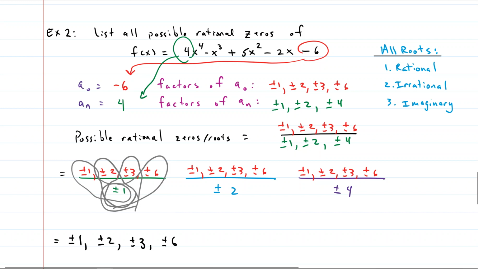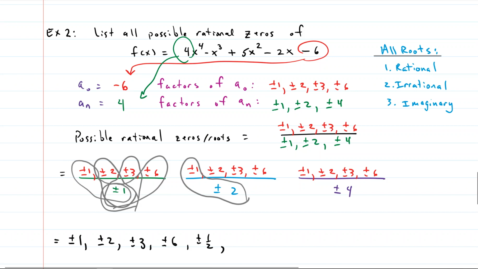Now let's move on to the plus or minus 2 in the denominator. First option is plus or minus 1/2. We don't have that yet, so let's add it. Awesome. What's the next option? The next option is plus or minus 2 over plus or minus 2, which gives us plus or minus 1.